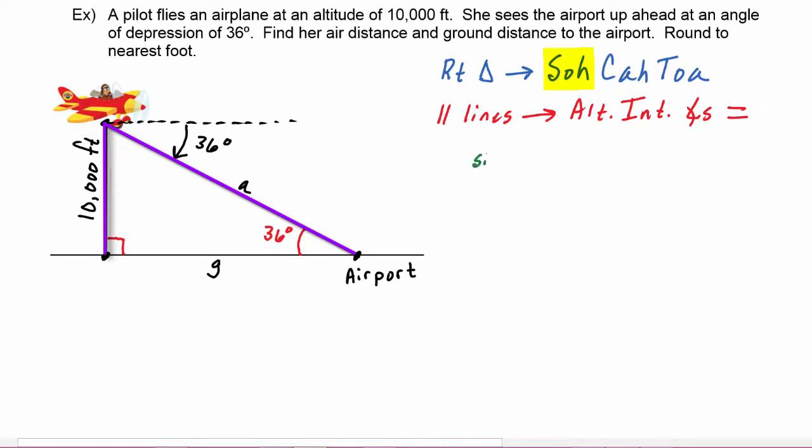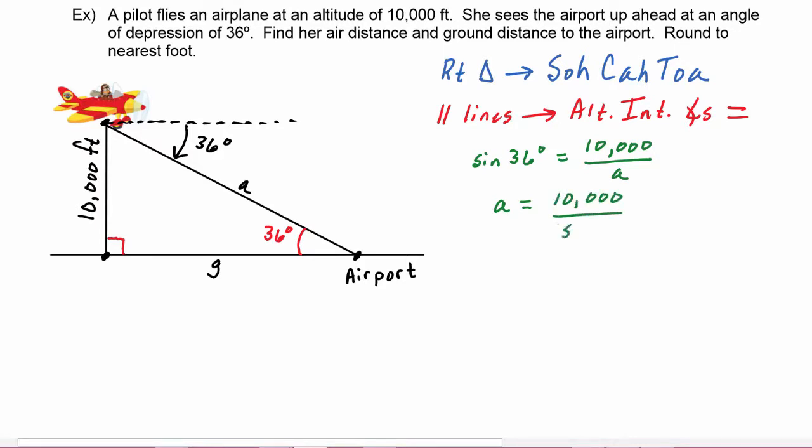So we know that sine of 36 degrees is going to be 10,000 divided by A. A is in the denominator, so we're going to want to cross multiply it up to the left-hand side, and sine of 36 degrees will cross multiply down to the right-hand side. Make sure you show that algebra step. We're going to get A is equal to 10,000 divided by the sine of 36 degrees.